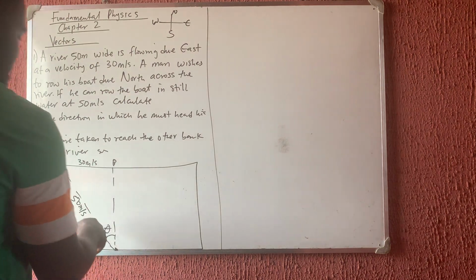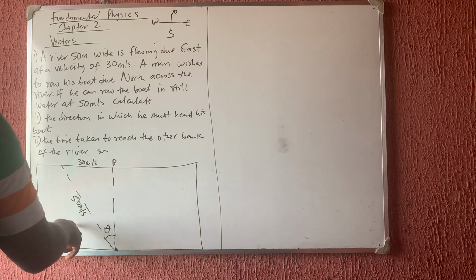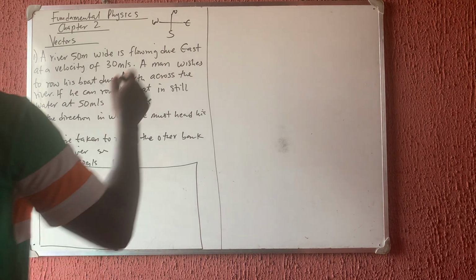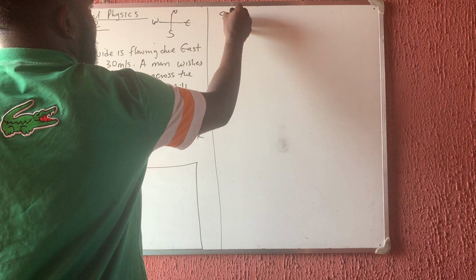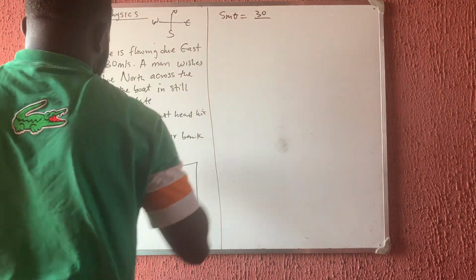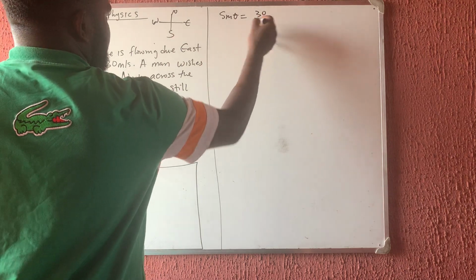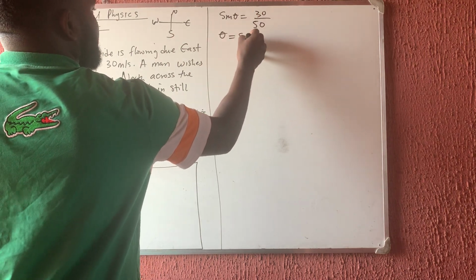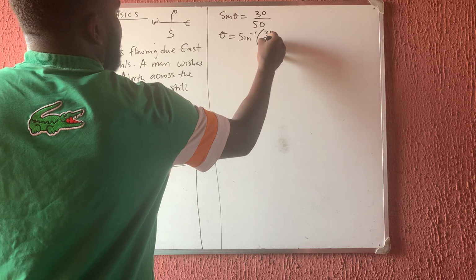We have opposite over hypotenuse, so I'm going to use sine. So sine theta is equal to opposite, which is 30, divided by hypotenuse, which is 50. Therefore theta will be the sine inverse of 30 divided by 50.